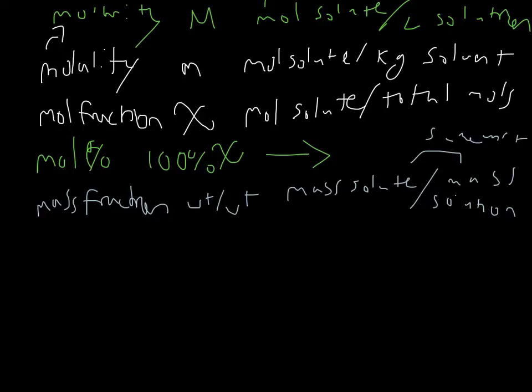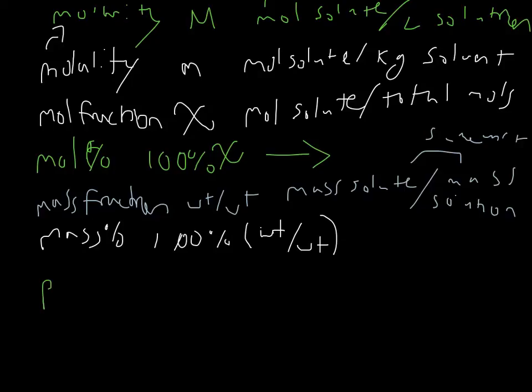and so forth. The mass percent, much like the mole percent, is related to the mole fraction. Or rather, the mass percent is greatly related to the mass fraction. All you do is find that fraction and then times it by 100%. So next we have something called parts per million.